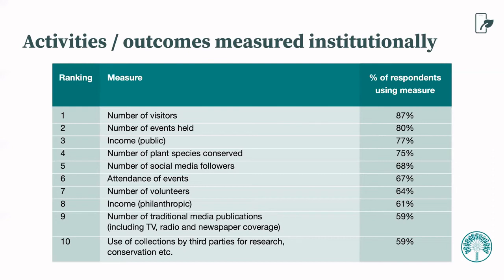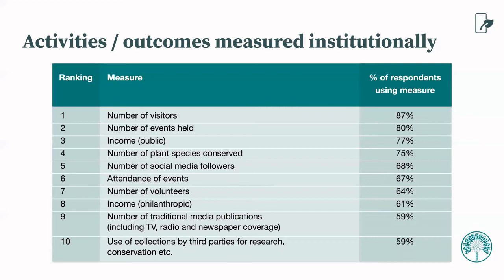Then you had events, the income, the number of plant species conserved, and then things like social media followers, which of course also plays a big role in disseminating the information of your garden's collection. And then you've got events, volunteers, media publications, and third-party collection purposes such as research and conservation. So those were the results at the institutional level.